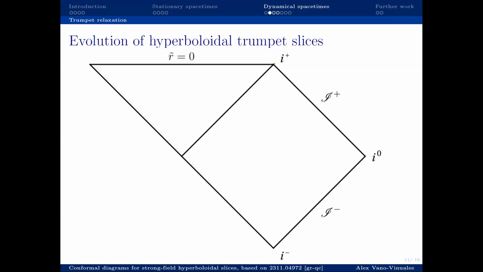Yeah, you're right. I was being a bit sloppy with the wording. No points are lost. Basically, they are all moved towards future null infinity, as you say. But of course, for the purpose of visualizing what is happening, that is an undesired effect. So what we would like to do, at least for the part of the data for the conformal diagrams, is to be able to keep them within the domain so that we are still able to see better.